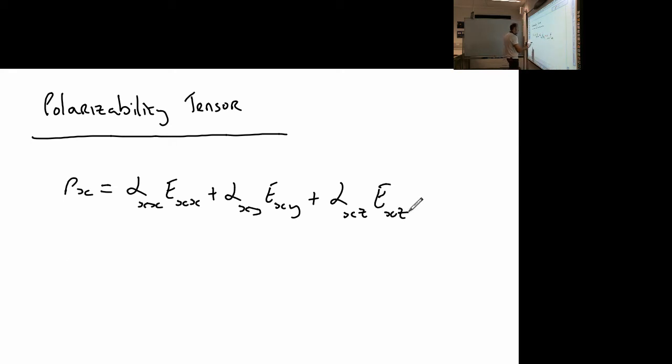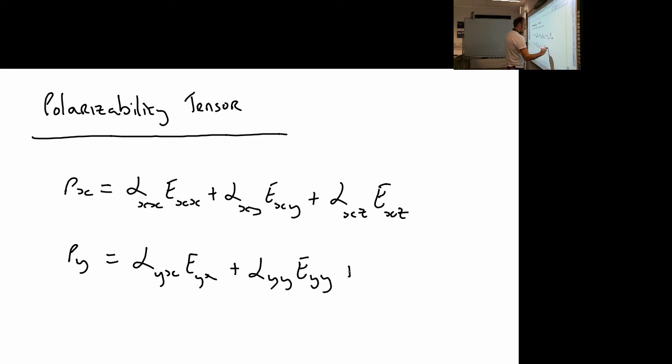and then we also have to write it in terms of y and also z. So you have a yx here plus yy plus z.